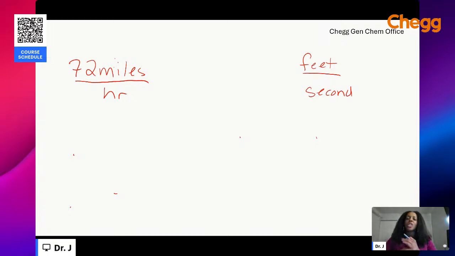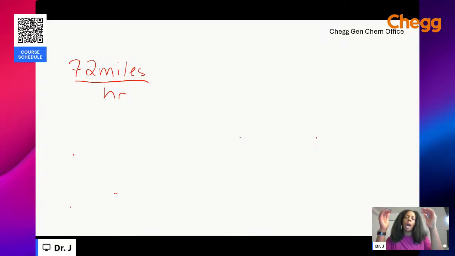And so what I encourage you to do, and actually I'm going to write this a little bit smaller so I have a little bit more space to work with, is to focus on the top and the bottom separately as you are solving this problem. Okay. So we want to end up in feet per second. All right. So act like you don't even see the bottom part right now. Act like we're just trying to go from miles to feet.